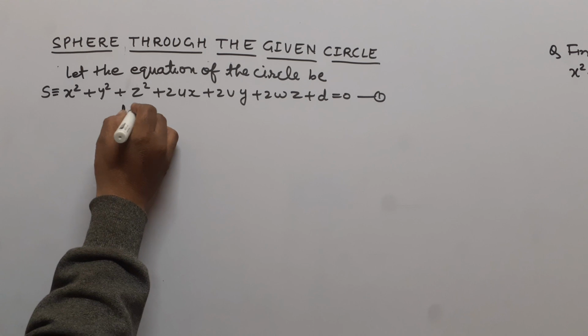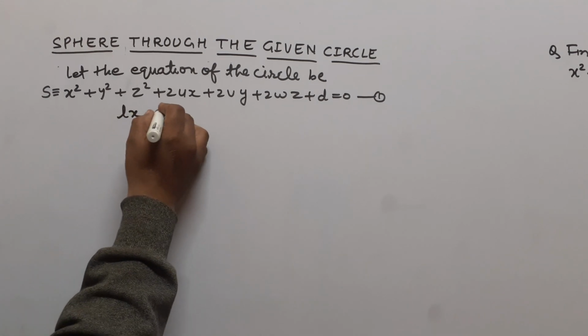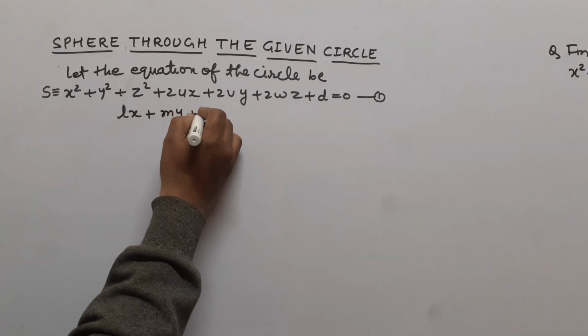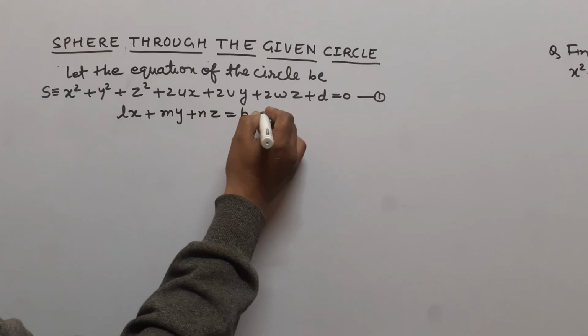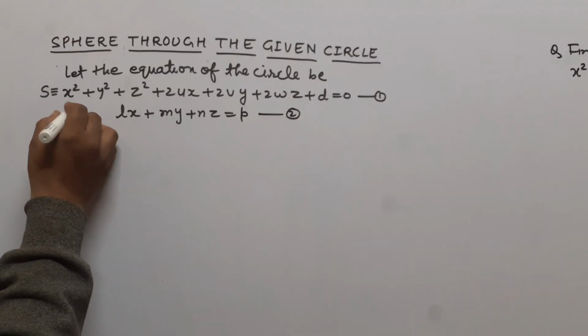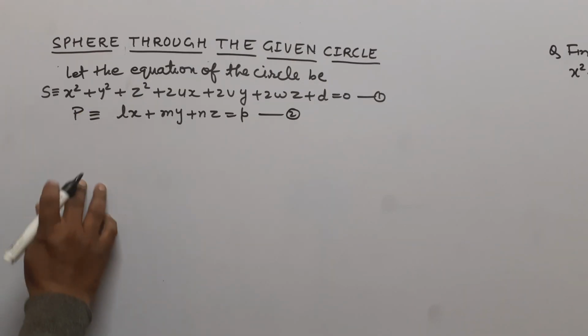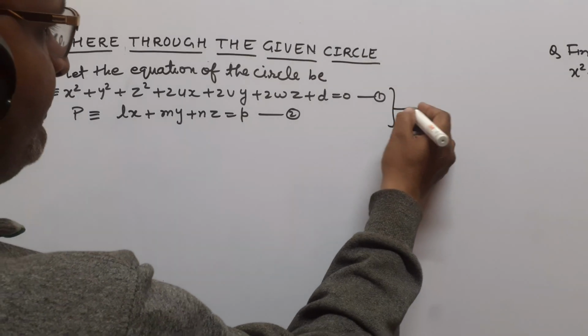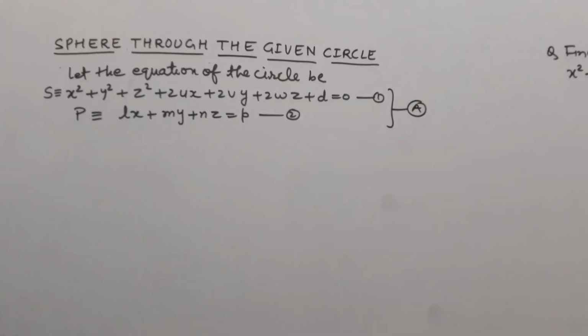and we take the equation of a plane, that is Lx plus My plus Nz is equal to P. This is the equation of the plane. These two equations represent the equation of a circle.